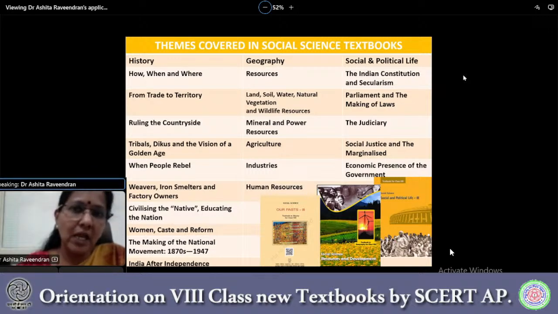So from this perspective, the child understands, from the woman's perspective, how important it was to bring out these reforms in this world. Then we also have the making of the national movement as another chapter, where the period from the 1870s to 1947 has been covered, the major developments that took place, and the many writings and documents pertaining to the Britishers as well as the native historians.